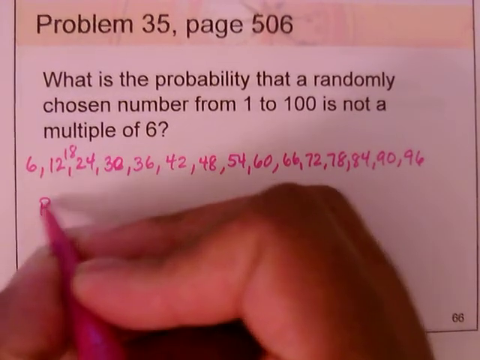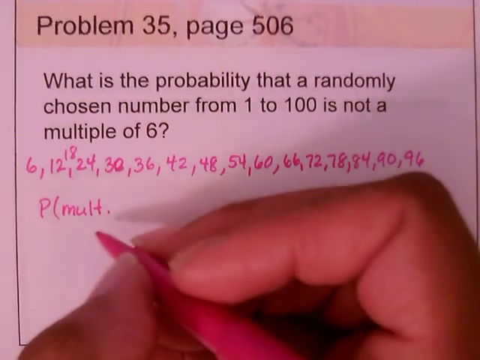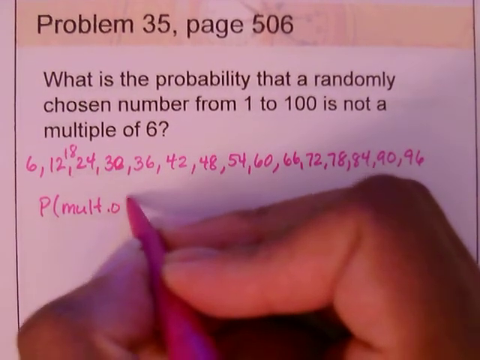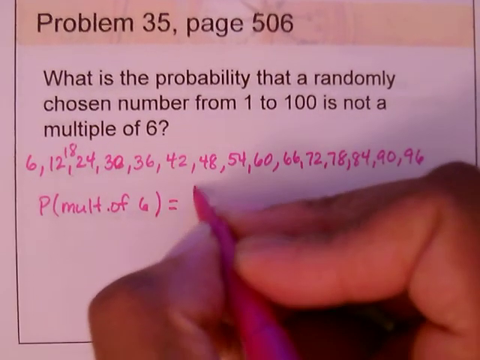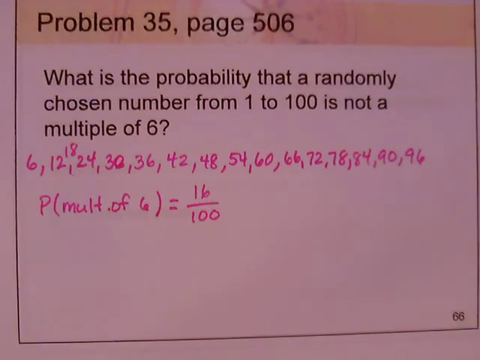So the probability of randomly choosing a number that is a multiple of 6 between 1 and 100 would be 16 out of 100.